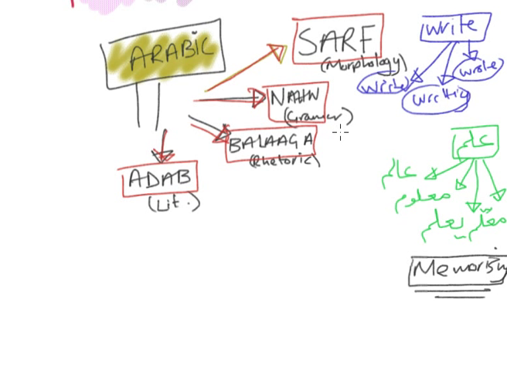The next is Arabic grammar. So let me just draw it down here. Let's say for example we have the sentence Zaid is in the house. Arabic grammar, basically what that is, it's like the building blocks.